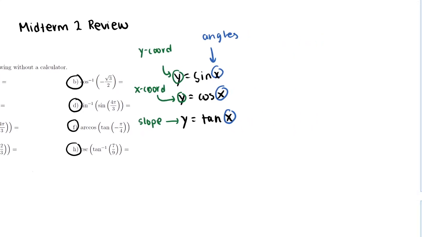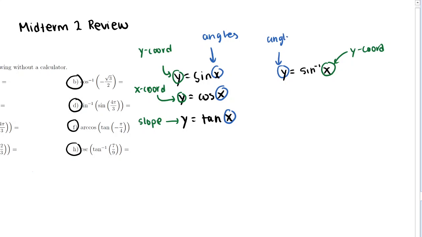And then inverse trig functions, well, they reverse this. And so sine inverse, it takes in inputs of y coordinates on the unit circle and returns or gives back angles. And this is similar for the other trigonometric inverse functions, right?